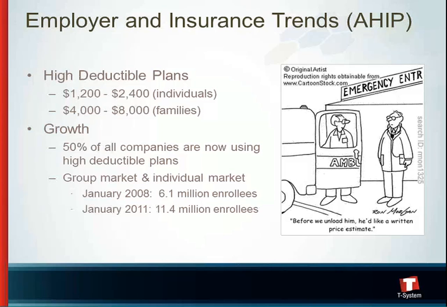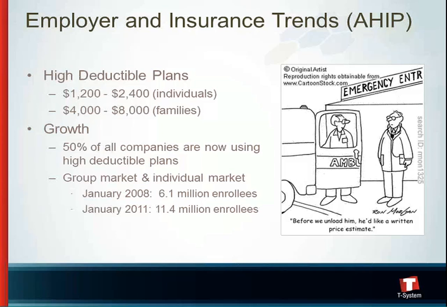What's not reported on the slide was that from 2010 to 2011 there was a 26% growth in high deductible health plans. We've seen in the group market and the individual market the enrollees all but double from 2008 to 2011.